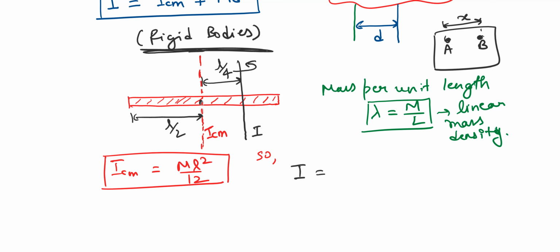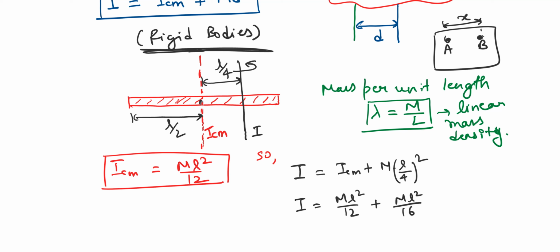So I will become equal to ICM plus mass into D square, and D over here is L by 4. So I would be equal to ICM, which is ml square by 12, plus ml square by 16.